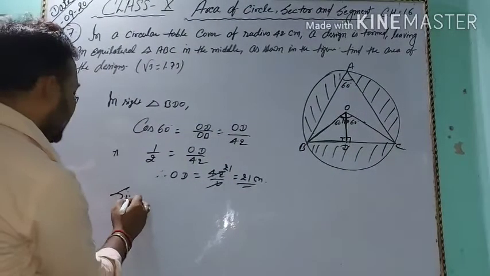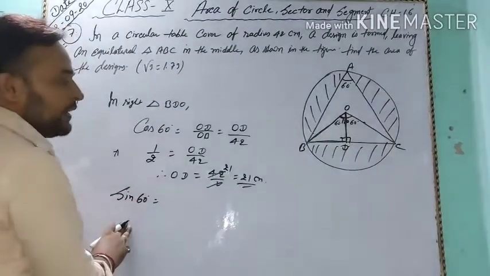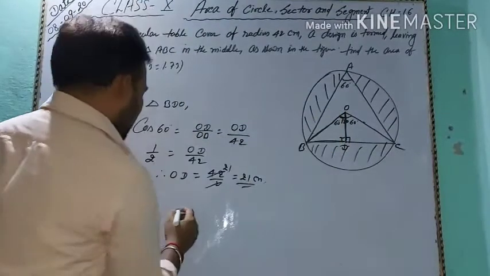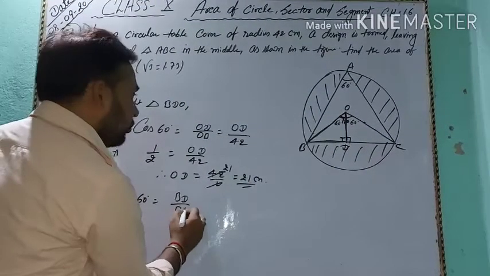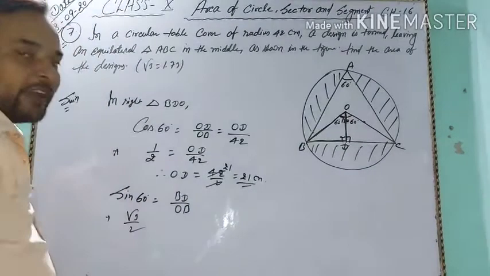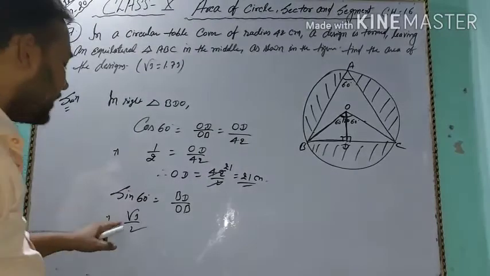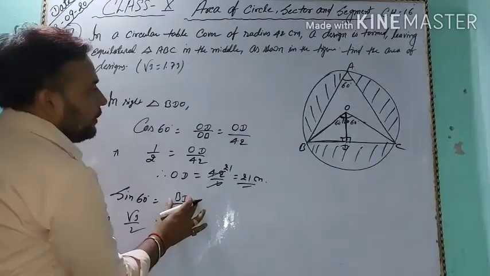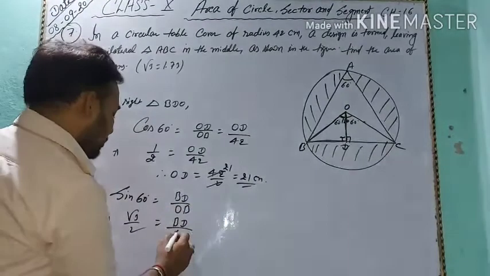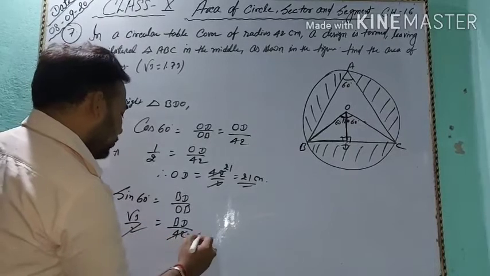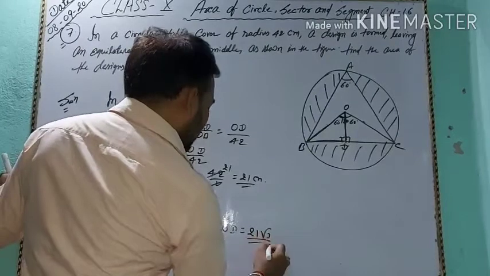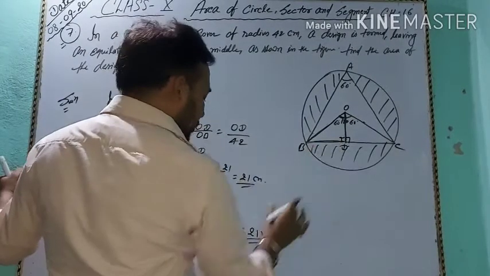So sin theta equal to perpendicular by hypotenuse. So perpendicular is BD by OB. The value of sin 60 degree equal to root 3 by 2, and that is BD by OB. OB equal to 42. That is 21. So BD equal to 21 root 3 centimeter.